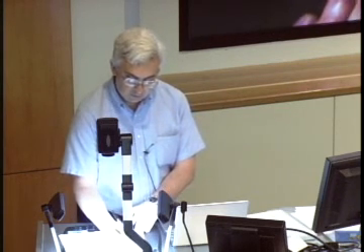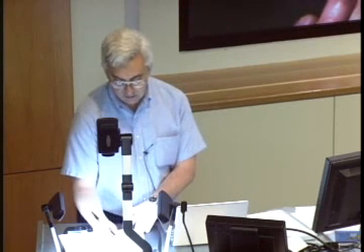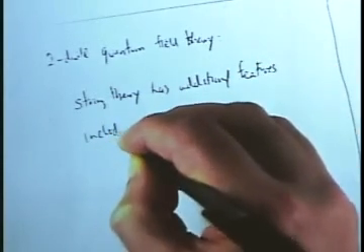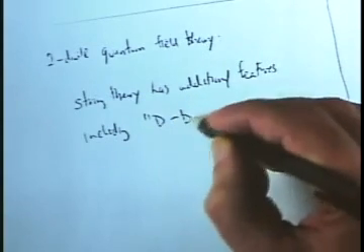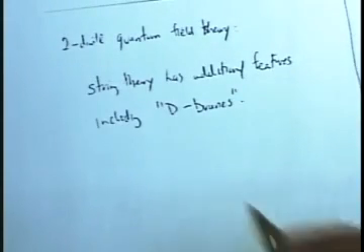But if you actually compactify string theory and don't just look at the two-dimensional quantum field theory, string theory has additional features, including some things which were only recognized sort of late in the game, some things called D-branes.